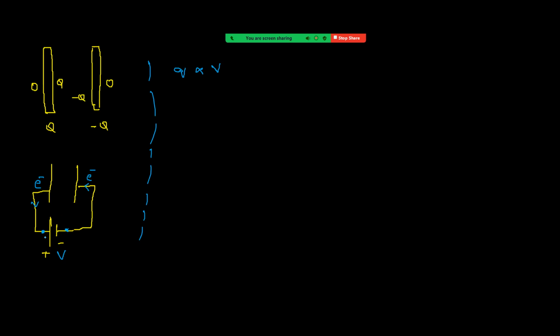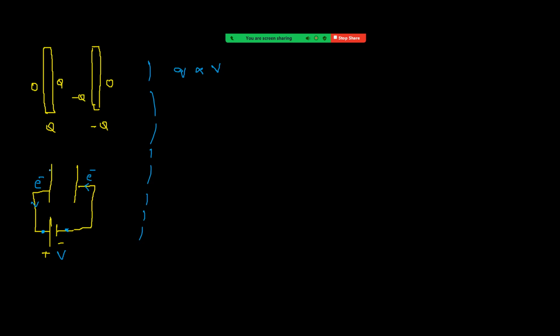If the battery potential is less, then the charge will be less. So when we are charging a capacitor, we connect it to a battery. If the battery has high potential, more charge will be there on the capacitor.